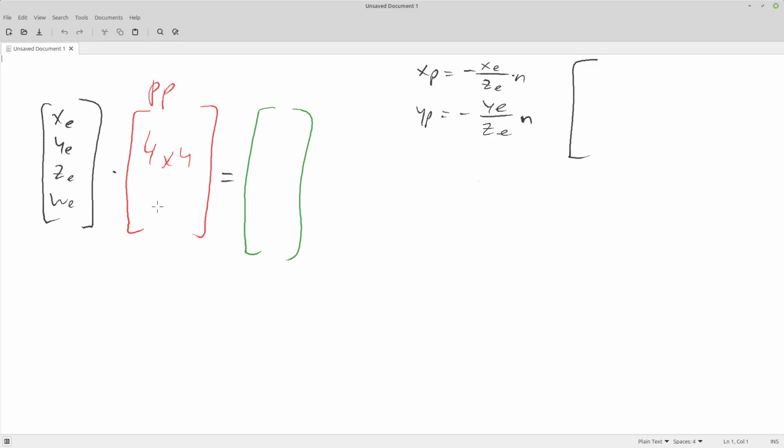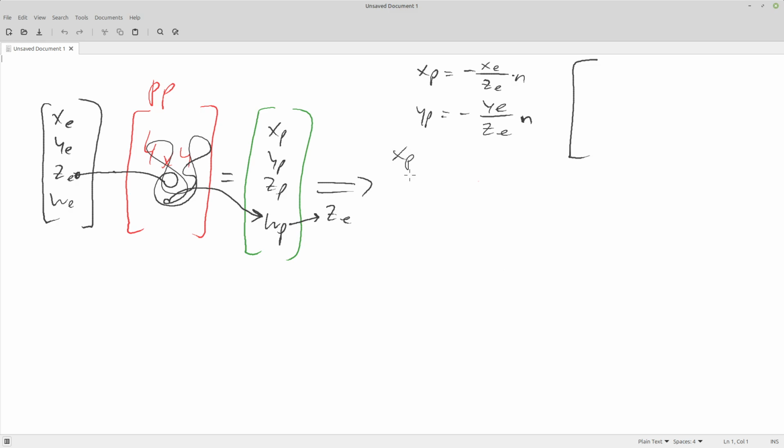What we need is for these values to end up being our x sub p, y sub p, z sub p, w sub p. But what we actually need is for w sub p to equal z sub e. So this needs to come in, do whatever happens in this whole process, and come out still intact, so we can use that to then do the perspective divide, which essentially is saying, let's do x sub p divided by w sub p, y sub p divided by w sub p, z sub p divided by w sub p.